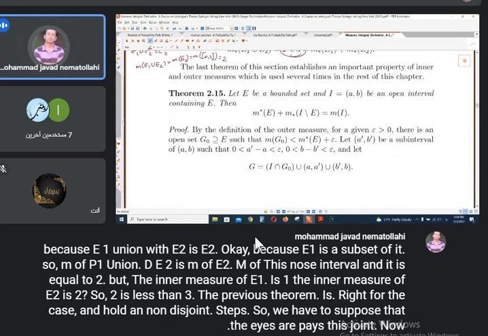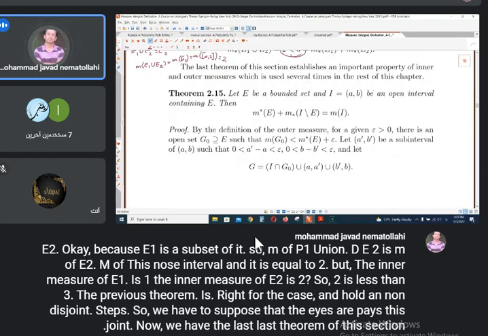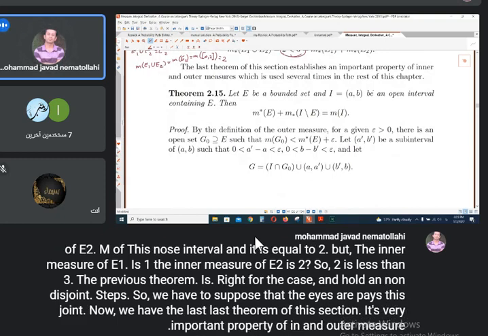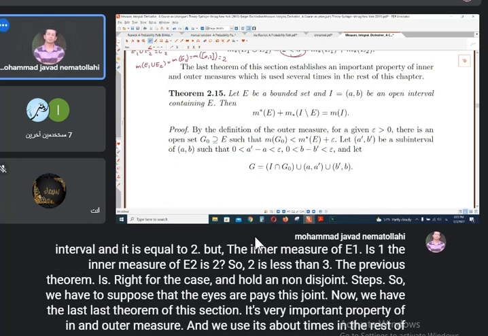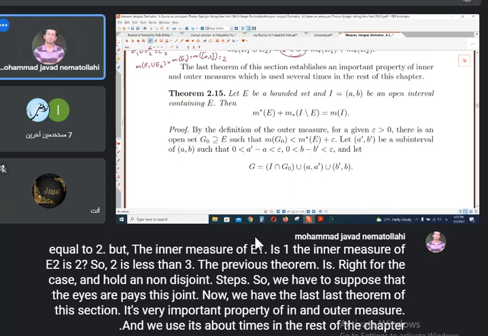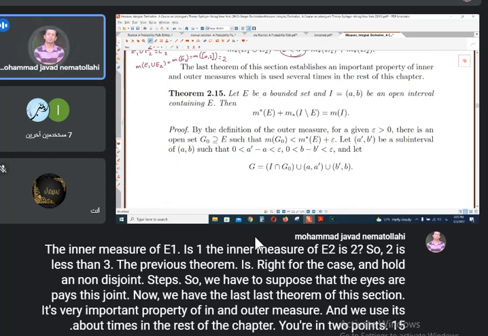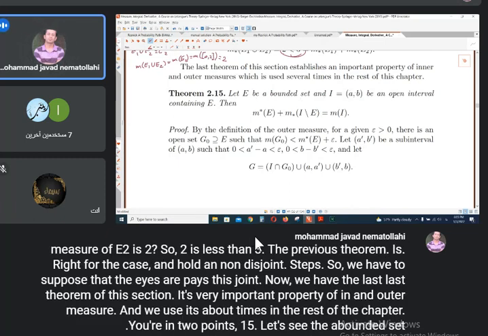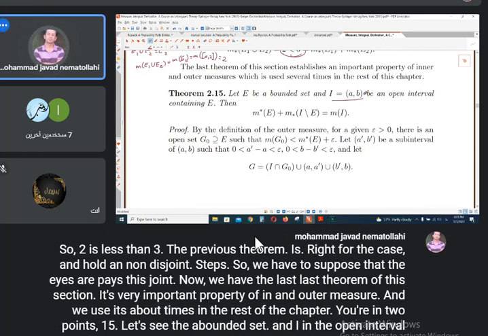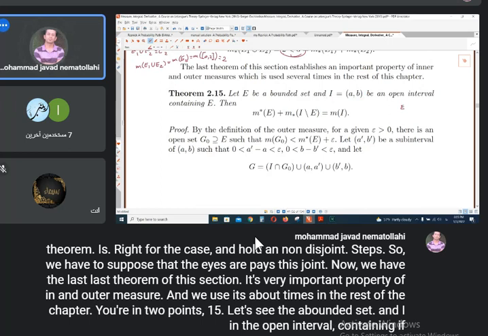Now we have the last theorem of this section. It's a very important property of inner and outer measure, and we use it several times in the rest of this chapter. Theorem 2.15: let E be a bounded set and I the open interval containing E. E is a subset of the open interval (a, b).